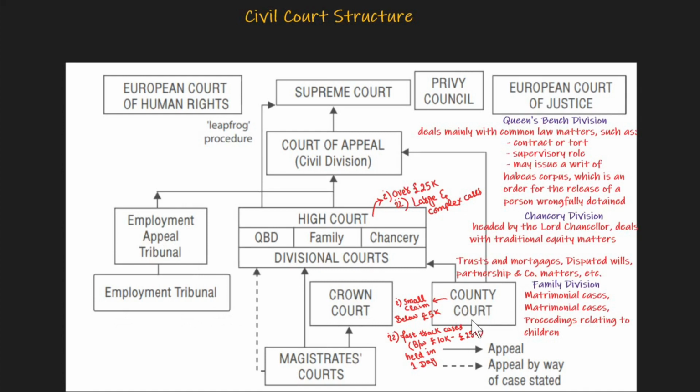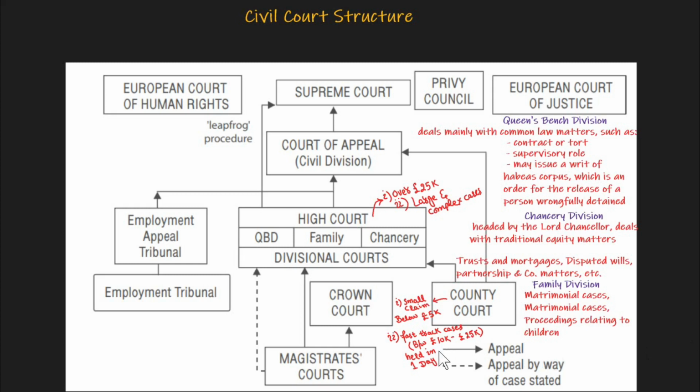In County Court, usually those cases are heard whose fine is below £5,000, for example small claim cases, or fast track cases whose fine is between £10,000 to £25,000 held in one day. The Crown Court usually deals with licensing, affiliation and so on.